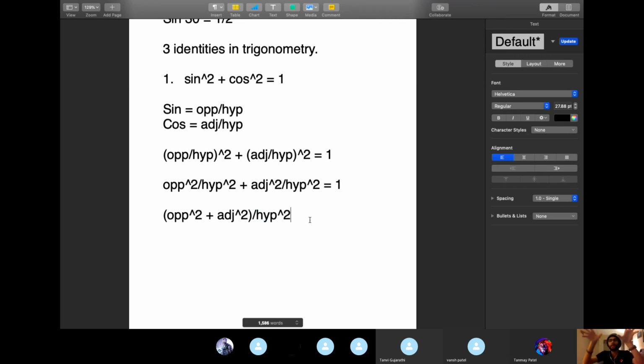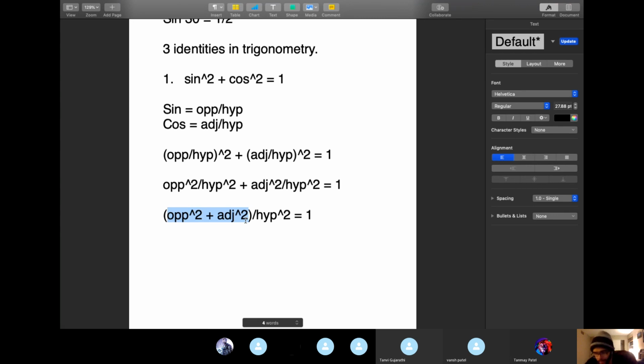Numerators are being added: opposite squared and adjacent squared are the numerators. This should be 1. What is opposite squared plus adjacent squared according to Pythagoras theorem? Can you tell me, in any triangle, what is the opposite squared plus the adjacent squared?